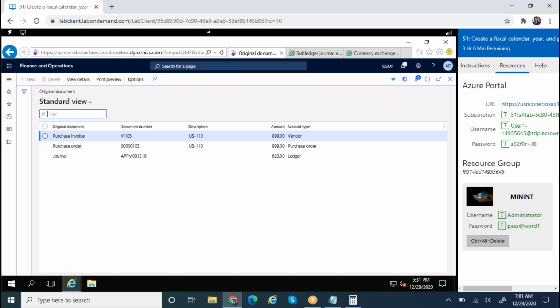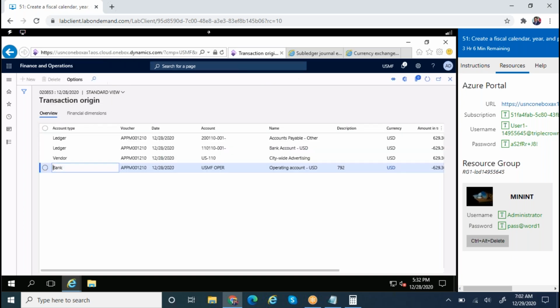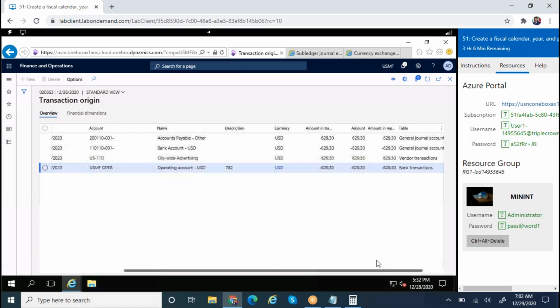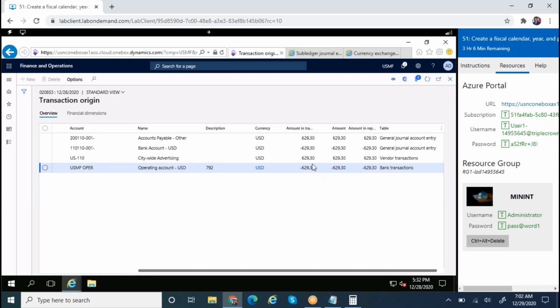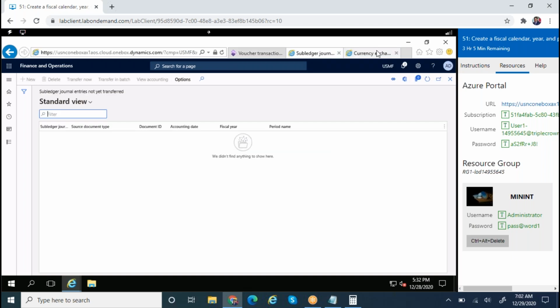Okay, not this one. I want to show you related voucher, transaction origin. Yeah, it is posting to these accounts only, 629.30 only. But let me show from the vendor account.